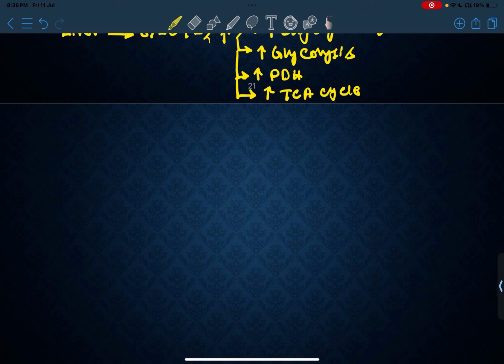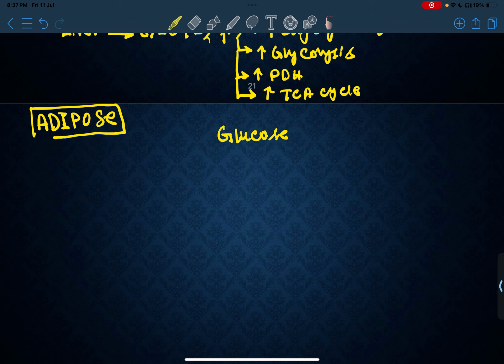So next is the fat, which is adipose tissue. What is happening in the adipose tissue? The pathway is the same from glucose. For adipose, glucose is converted to acetyl coenzyme A by the same pathway we have seen before.